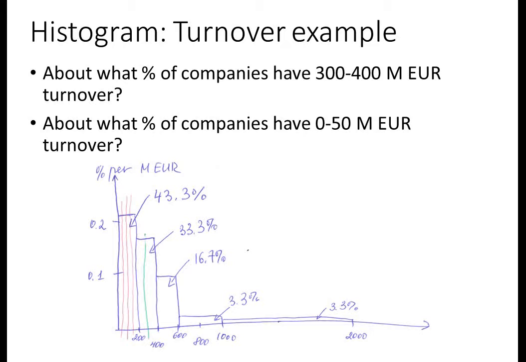And the green splitting line is expected to show this more graphically, more intuitively. So we know that our second bar represents 33.3% of all companies. But if we split the bar into two, how should we split this 33.3%?